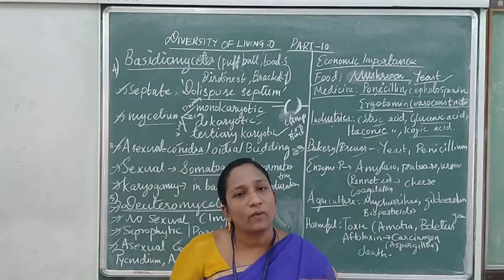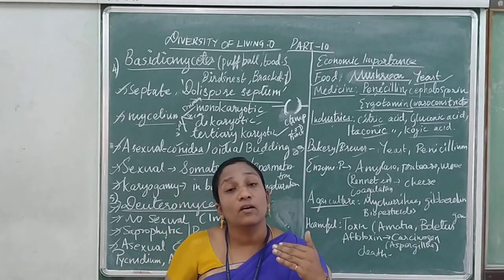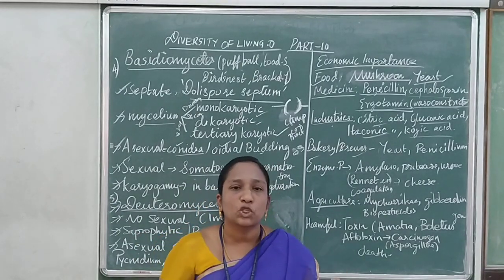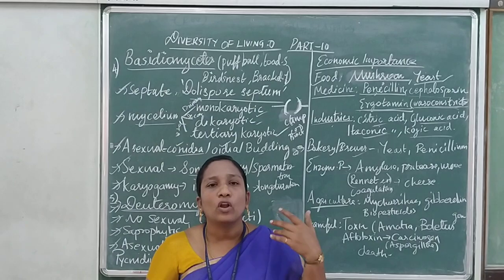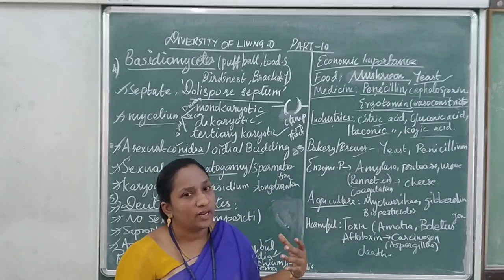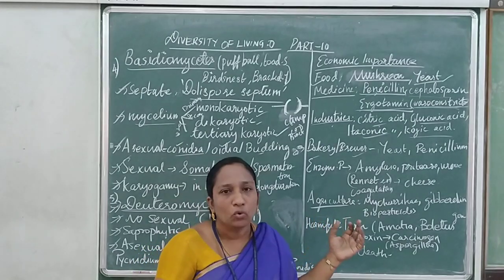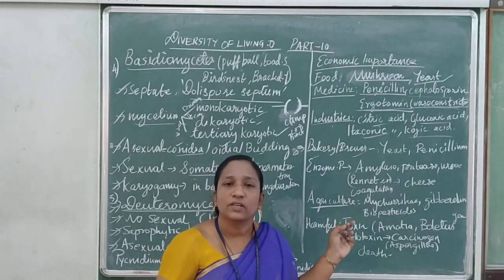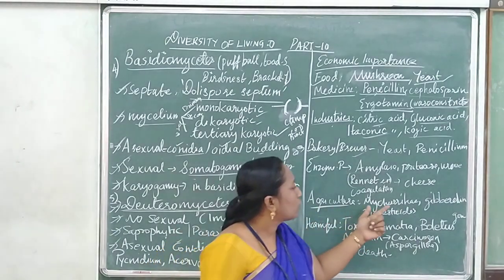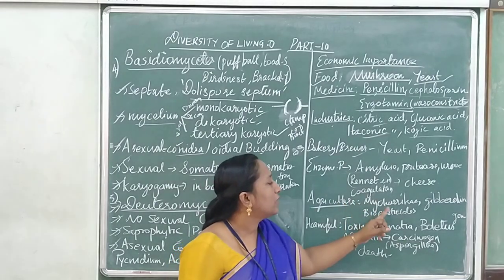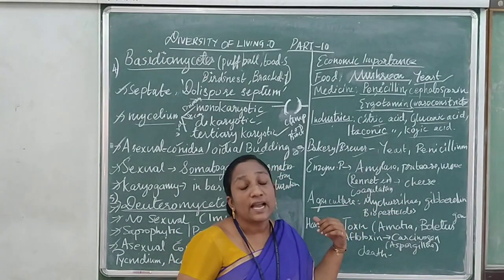These fungi provide a lot of nutrition, that is water and minerals, to the plant compared with other plants. That's why this plant will grow taller, getting abundant water and minerals. Because of that, it will show different growth compared with others which do not allow space for fungal growth. So that is called mycorrhizae. After this economic importance, we are going to learn in detail about mycorrhizae and lichens.